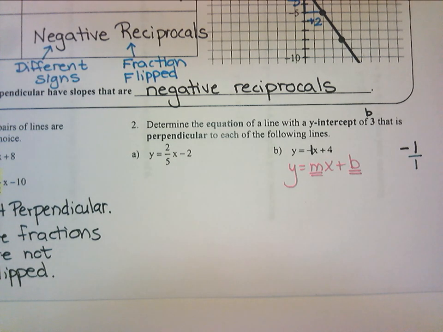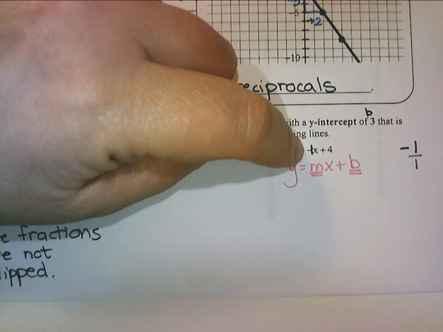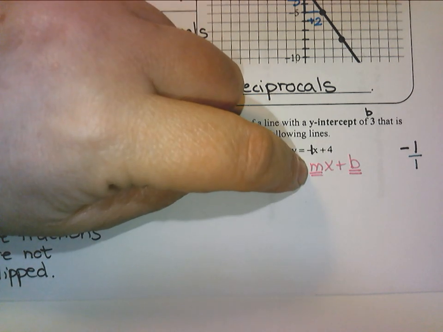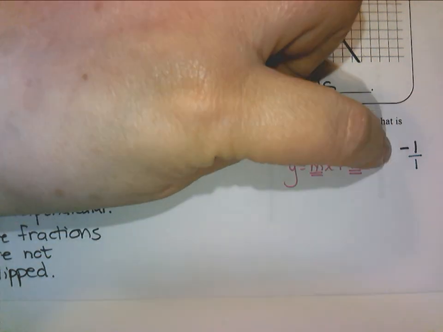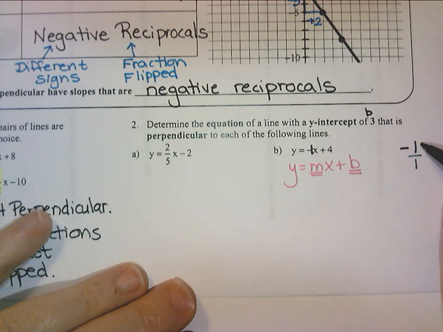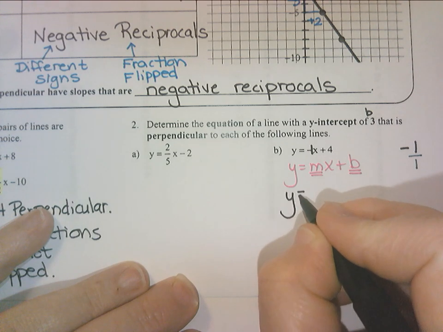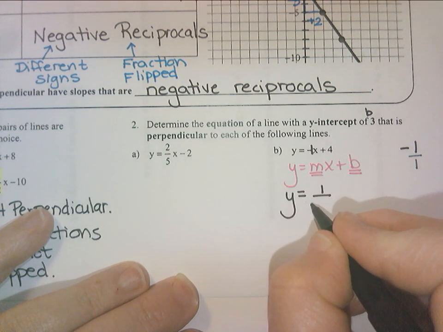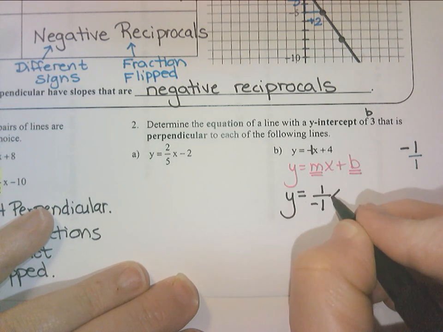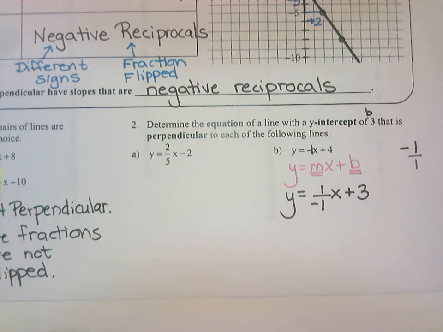So this has a slope of -1/1. So when we go to do our perpendicular slope, we are going to take this and we are going to flip it over. So -1/1 is going to become 1 over -1. So my equation is going to be y equals 1 over -1, and then x, and then plus our y-intercept of 3.